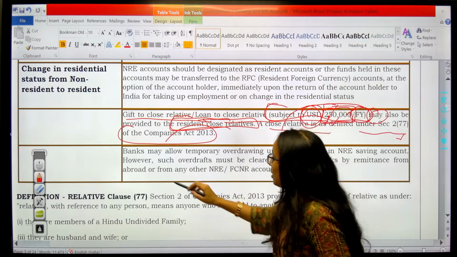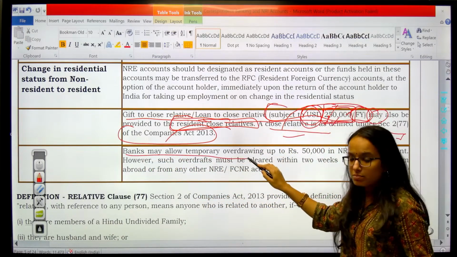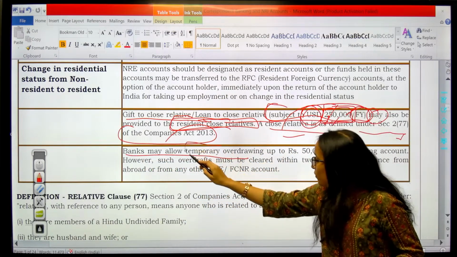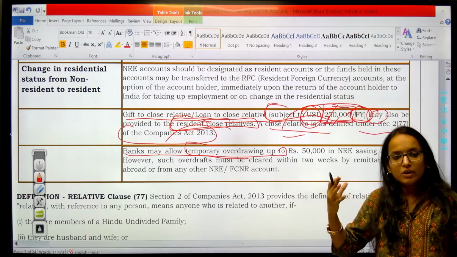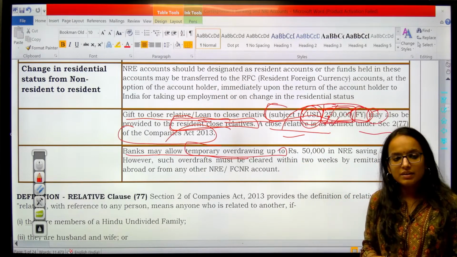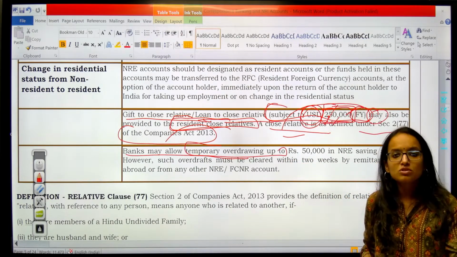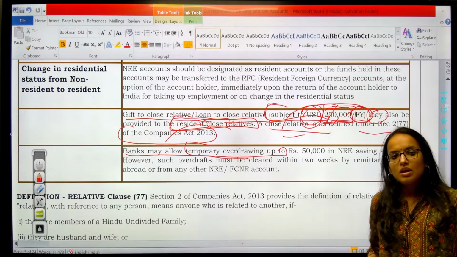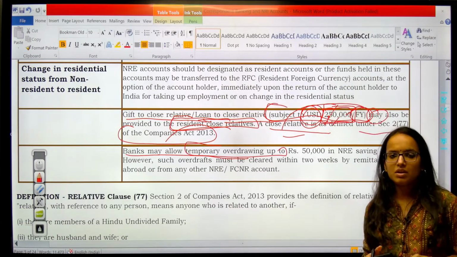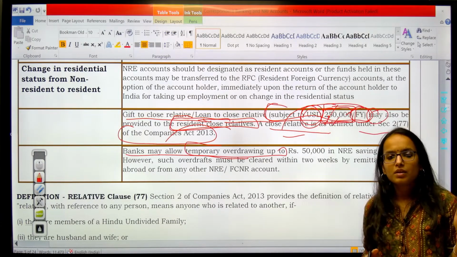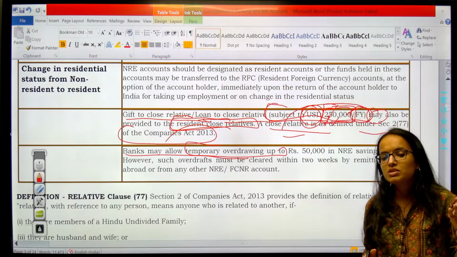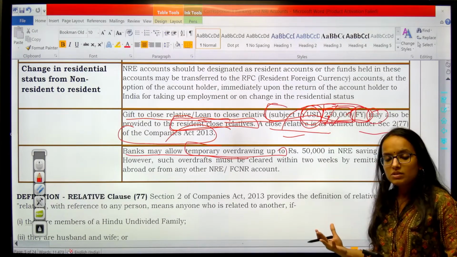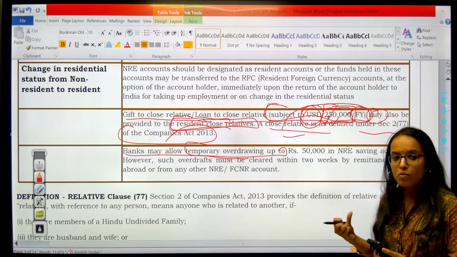Banks may also allow temporary overdraft facilities, right? When you can withdraw an amount which is not even there in your account. The bank might charge some extra interest or fees from you, but sometimes this facility is provided, so you can overdraw.